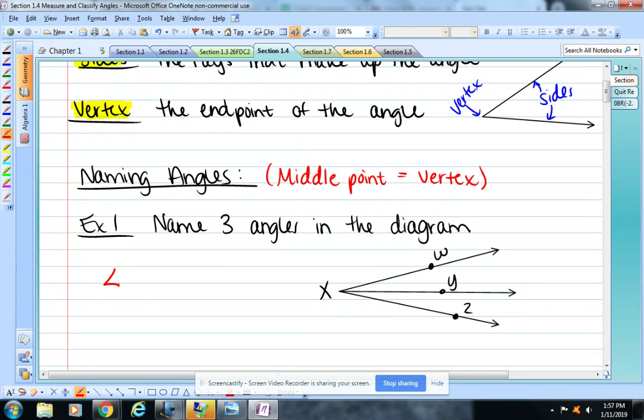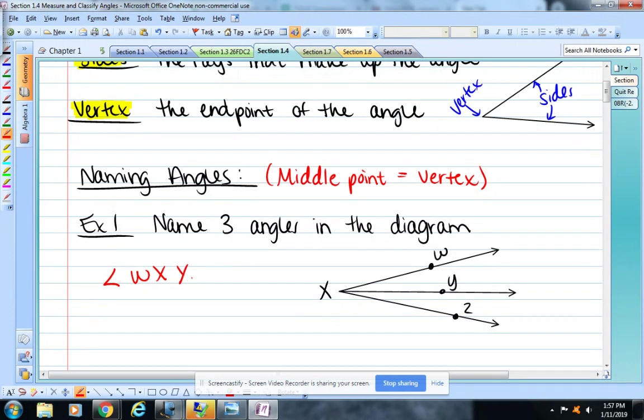The same angle could also be called YXW. So you take the 2 letters that are on the sides, and the one in the middle is always in the middle, but you can reverse those 2 letters. But X is always going to be in the middle because X is the vertex.